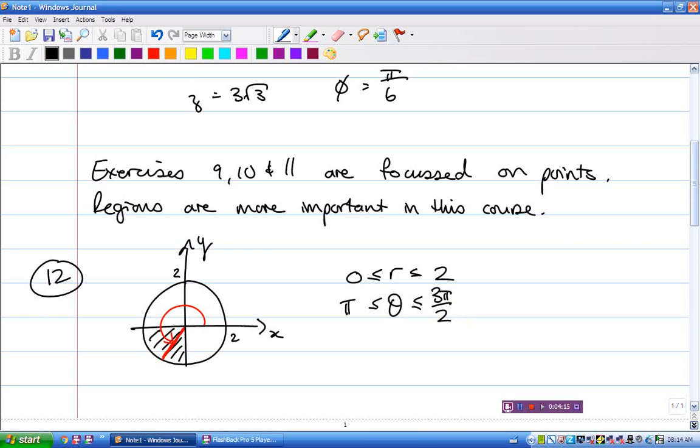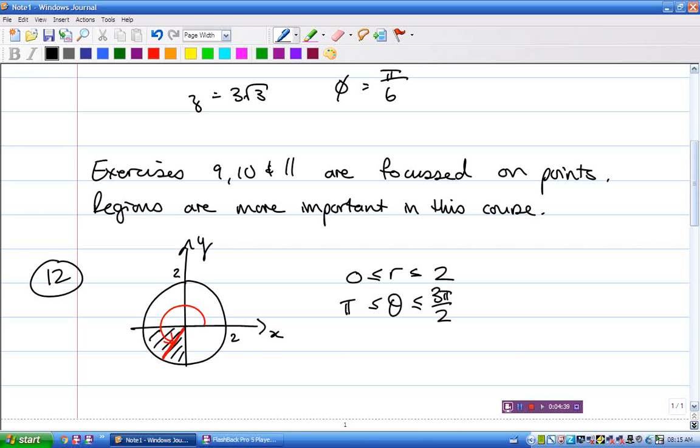Notice that if I had drawn that ray anywhere in the third quadrant, its maximum length would have been 2 units. That's because my circle is centered on the origin. If my circle were not centered on the origin, the length of my ray might be different depending on where I draw it. So you have to ask yourself, would my ray be a different length if I drew it somewhere else?